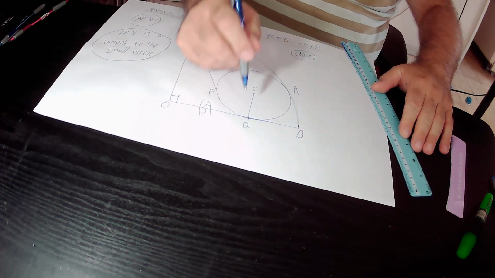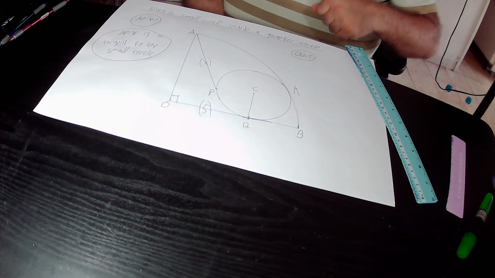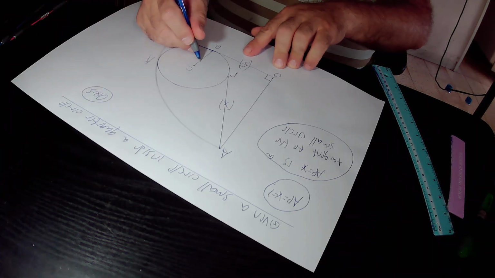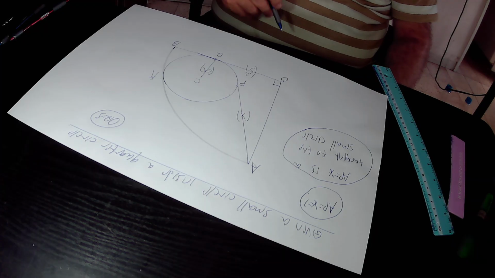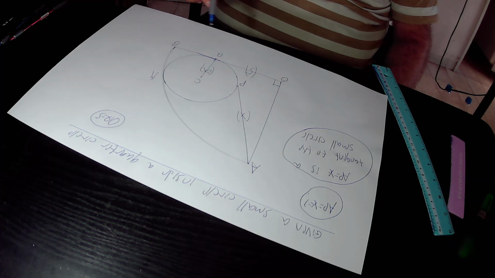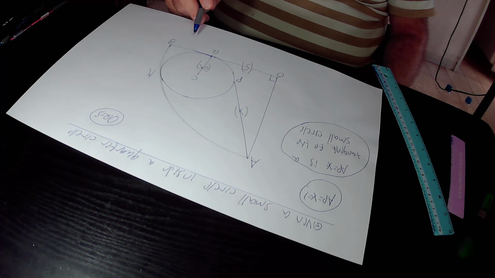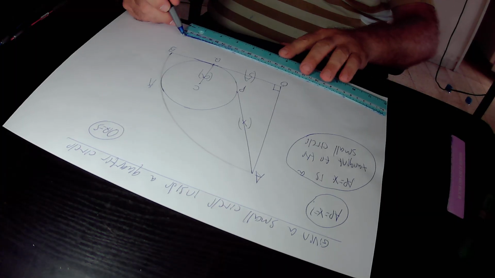CQ is of course the radius of this small circle. We'll define the radius of this small circle as A. Therefore, CQ equals A units in its length according to our definition. We'll define the radius of this big quarter circle as B. So OB is the radius of this big quarter circle that is equal to B units in its length according to our definition.